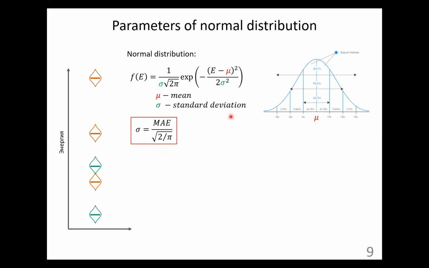However, when it comes to standard deviation, we can also find the connection with the mean absolute error, which is usually used to benchmark density functional methods, which is also called mean unsigned errors.